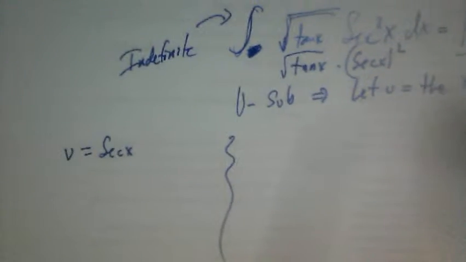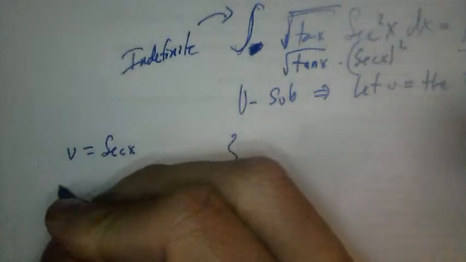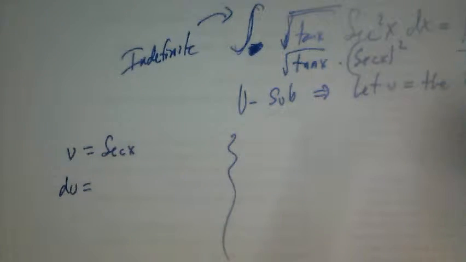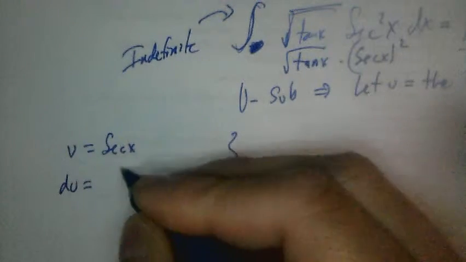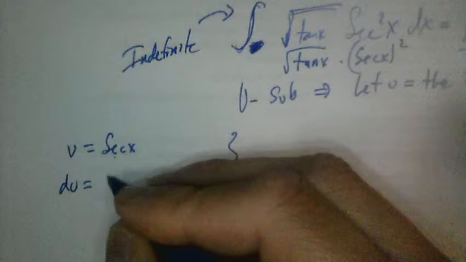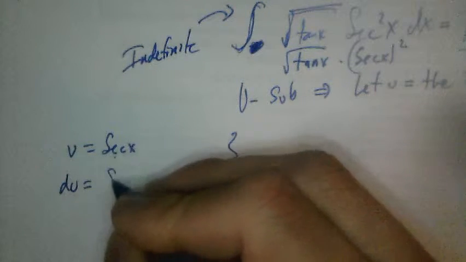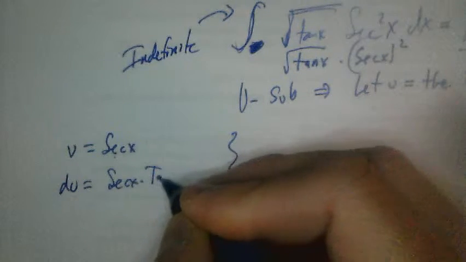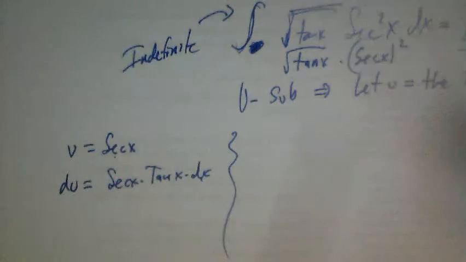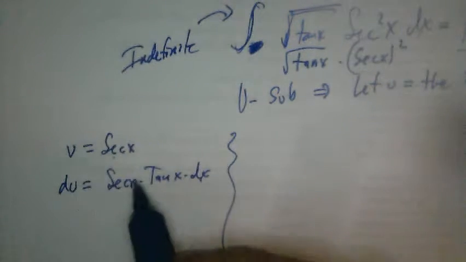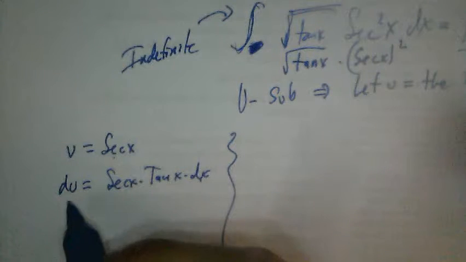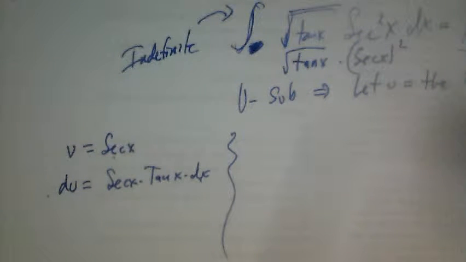Then du, using the trick we went over, is the derivative of secant x, which is sec tan. So du is secant x times tangent x times dx. If you recall from yesterday's video, I multiplied both sides by dx; you can review that in the previous video.